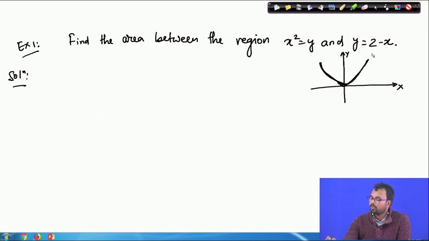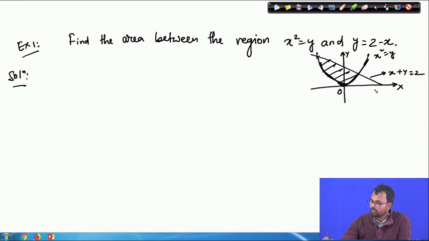All right, and then we have x plus y equals 2. So let us draw this line as well. It must look something like this. So this is my line x plus y equals 2, and this is my parabola x square equals y. So this is the area bounded between them.